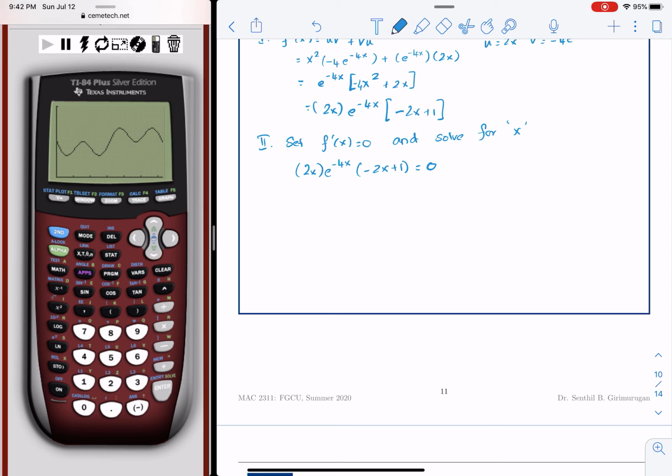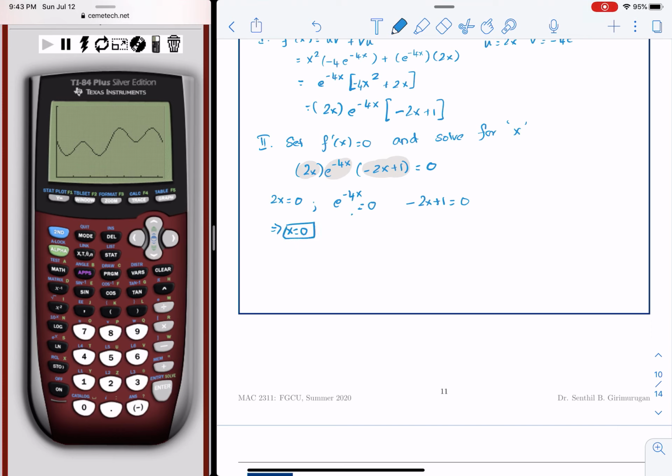Now I have three different parts here. Those are all factors of the first derivative. So I'm going to set 2x equal to 0, e raised to the negative 4x equal to 0, and negative 2x plus 1 equal to 0. If 2x is equal to 0, we end up getting x equal to 0.